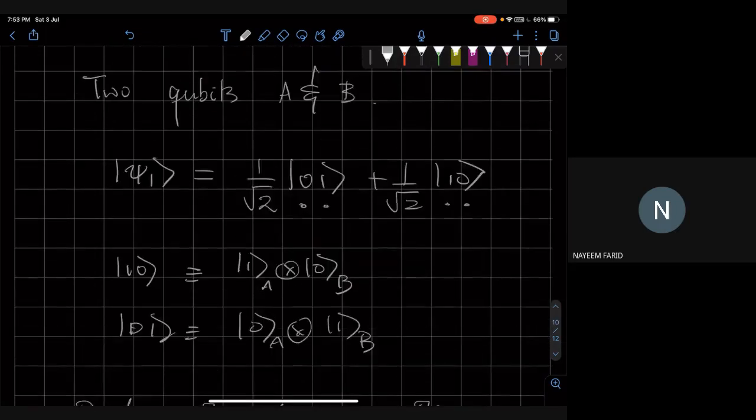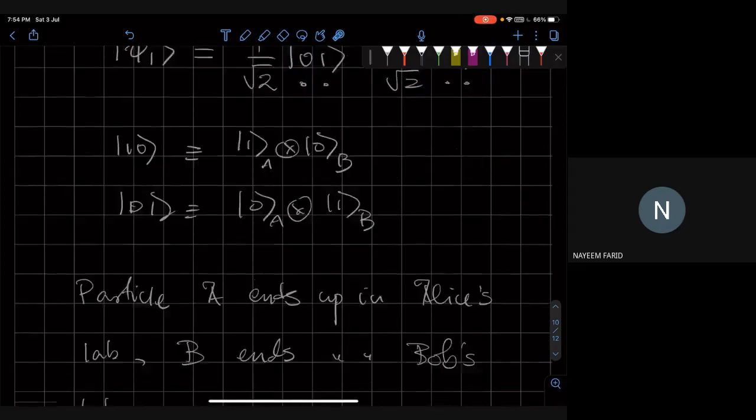So we are in this state, and suppose Alice makes an observation and she finds that her particle is in state 0. So what is going to be Bob's observation if Bob makes a subsequent observation on his particle? Will it be 0 or 1? Why don't you guess? 1. Yes, it will be 1.